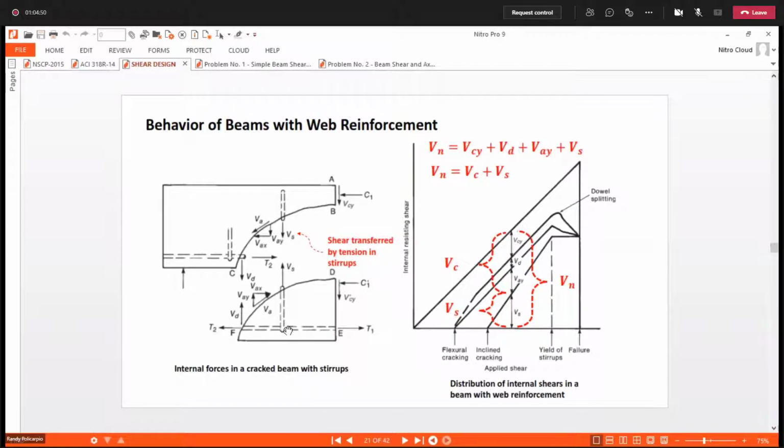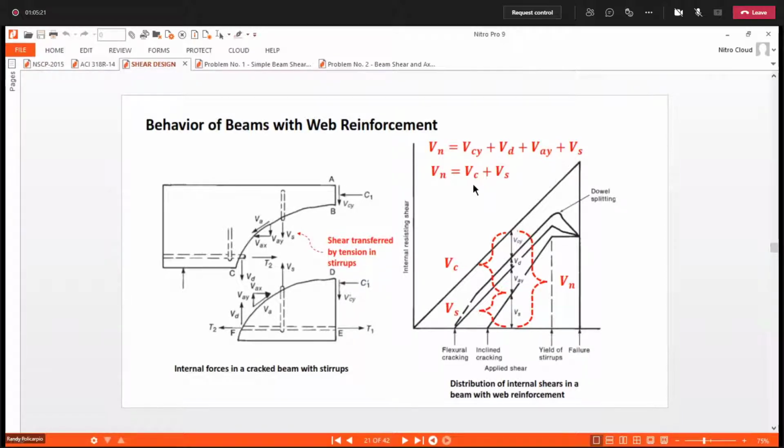Therefore, having now stirrups or a shear reinforcement, our internal forces are now VCY plus VD plus VAY plus VS, wherein VCY plus VD plus VAY are considered as VC.